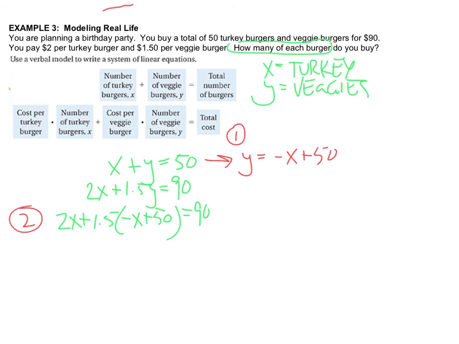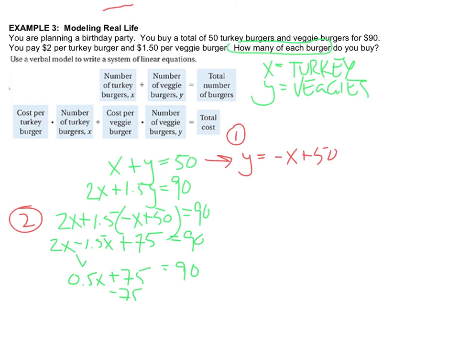Now I just have x's here, so I'm going to be able to solve this for x. So I get 2x minus 1.5x plus 75 equals 90. This is going to give me 0.5x plus 75 equals 90.